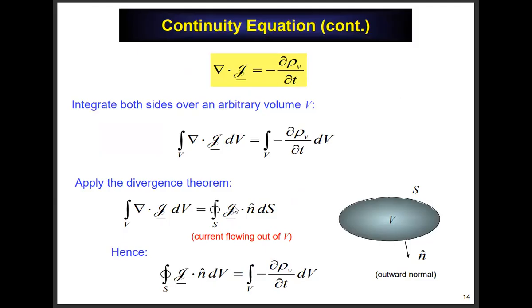If you believe what I just reviewed, the interpretation of this term is the total amps flowing out, because N is the outward normal, flowing out of the region V, in other words, crossing the surface S. So that's the physical interpretation of this.